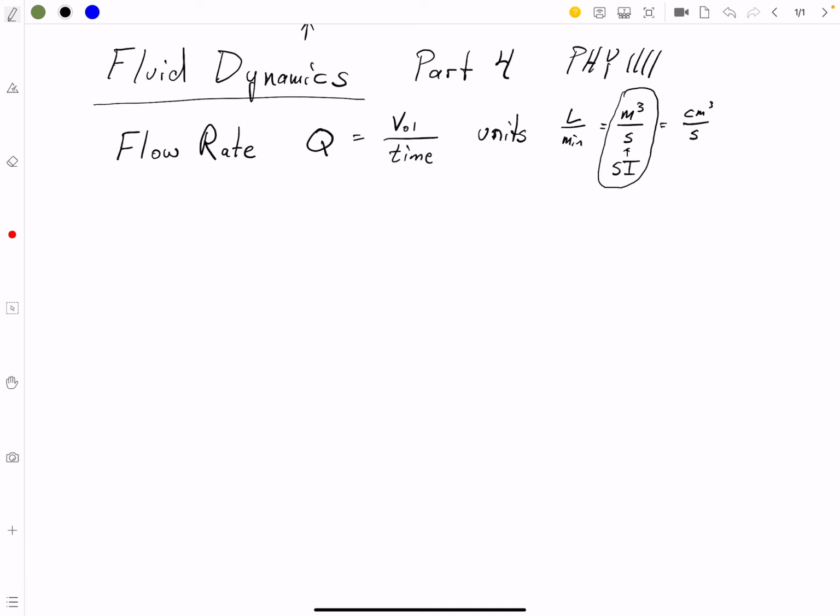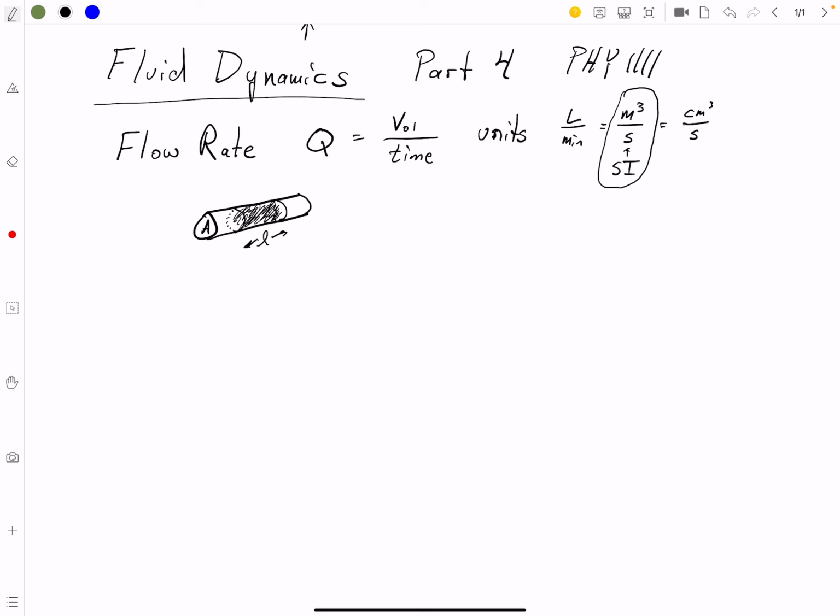So how does that work? We've got some area of a tube, and that tube has a certain volume, and let's say we've got this length here, and that length is filled with, that volume is filled with something fluid-like.